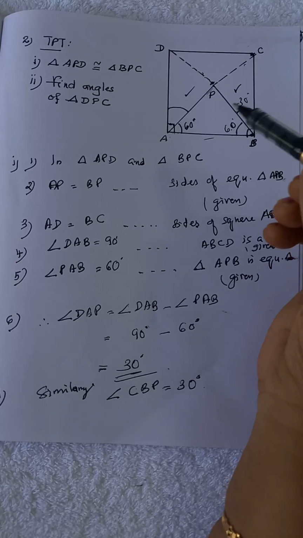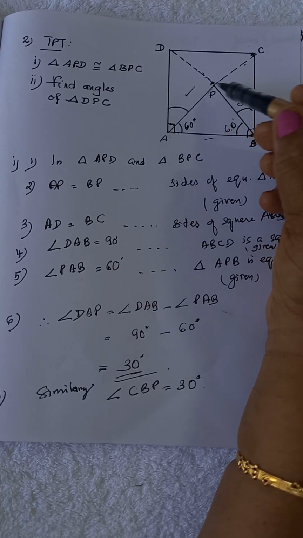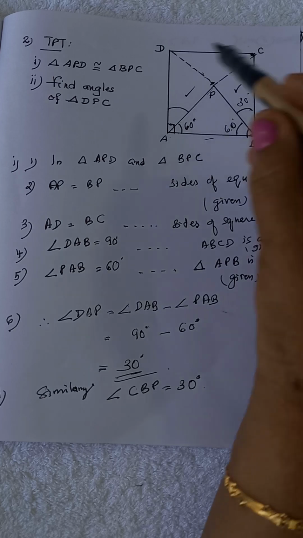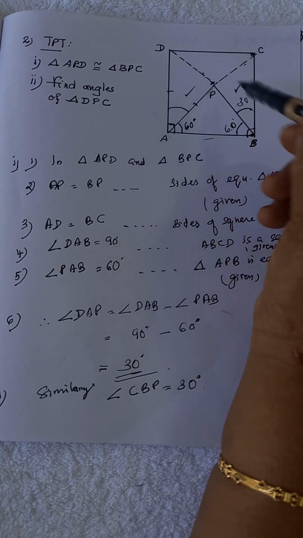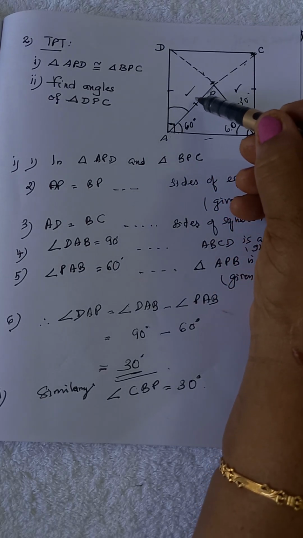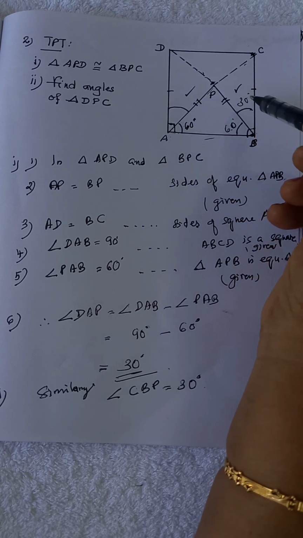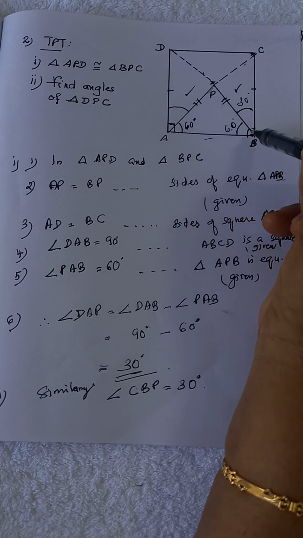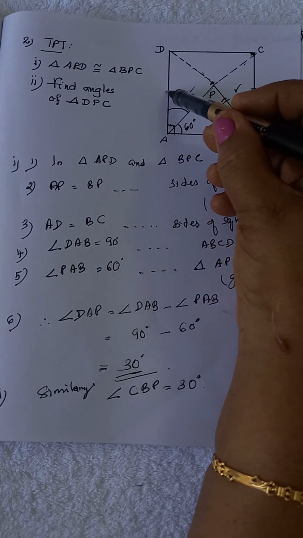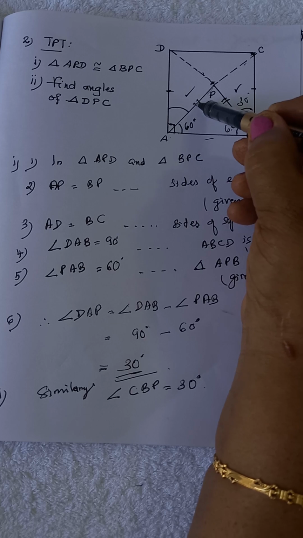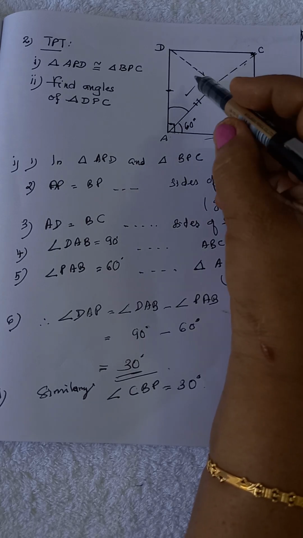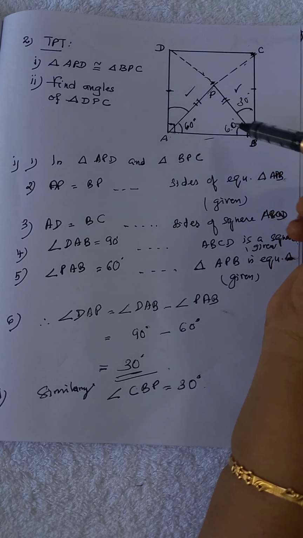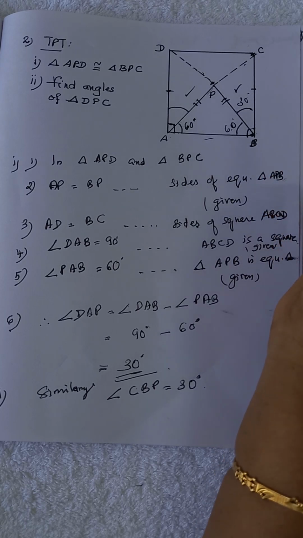Now the 9th point. Thus in the case of these two triangles APD and BPC, two sides AD and BC are equal, then AP and BP are equal, then angle DAP is equal to angle CBP. So this side, then this angle, and this side are equal. So we can say that triangle APD is congruent to triangle BPC.